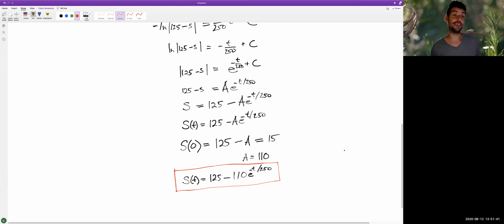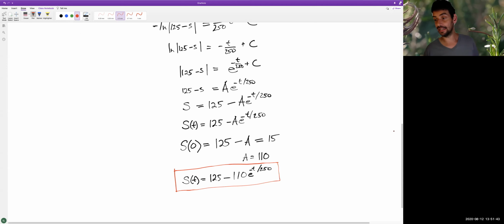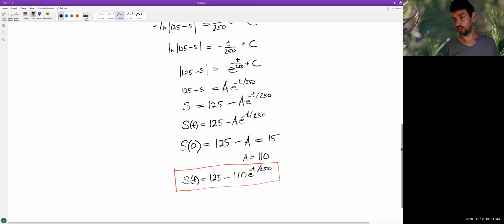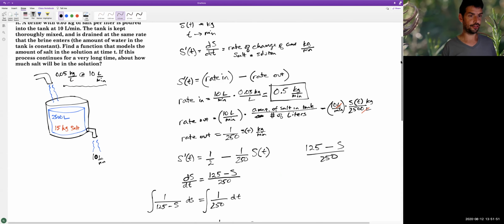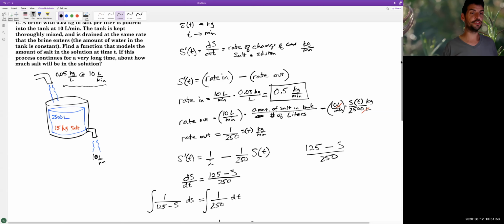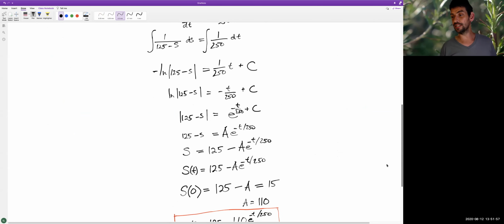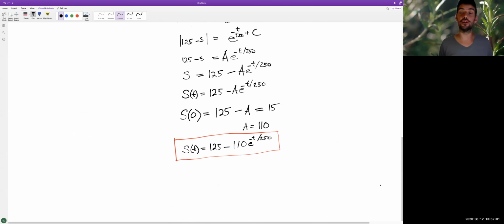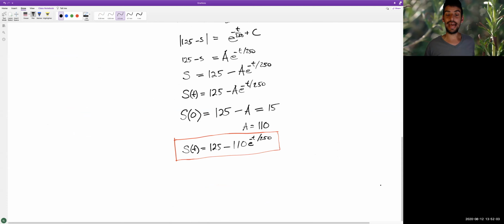The second part asks, what happens to this tank as time goes on, right? Let's see exactly how it was phrased: if the process continues for a very long time, about how much salt is in the solution. So what we're really asking here is, as we let this flow for a long, long time, what happens to S?